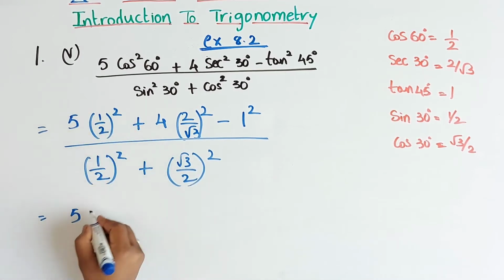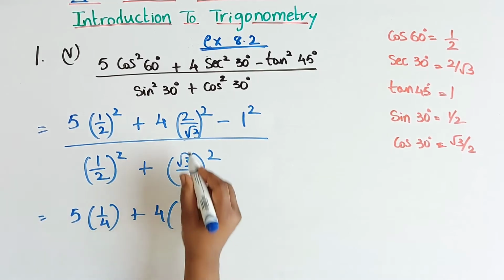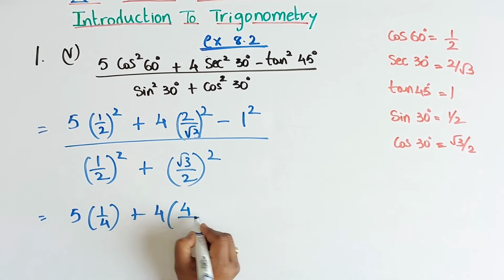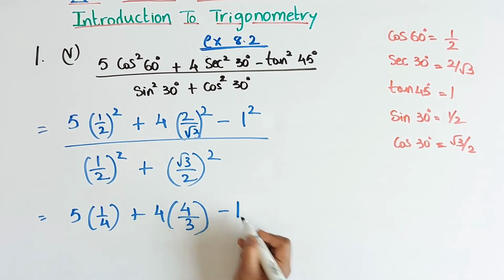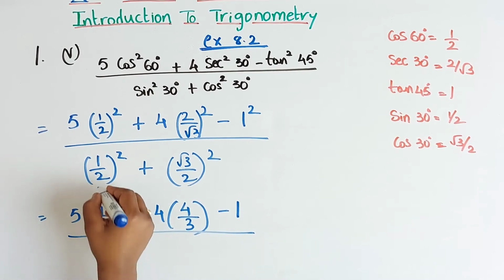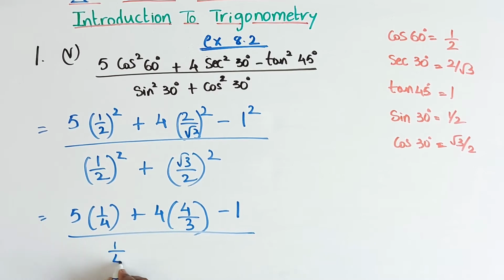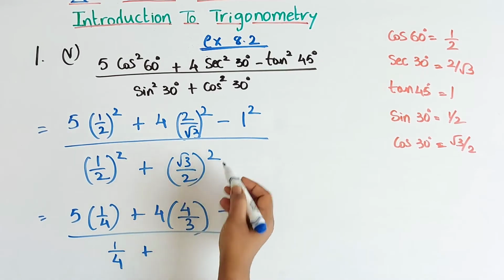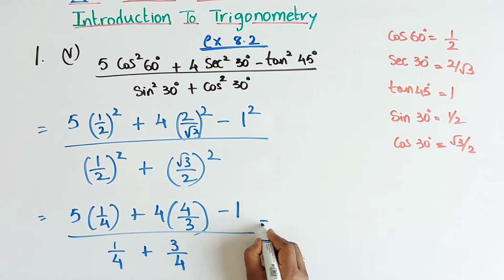5 into 1 by 2 whole square, that is 1 by 4. Plus 4 into 2 square, that means 4 divided by root 3 square, that is 3. Minus 1 square is 1. Divided by, in the denominator now, 1 by 2 whole square. 1 square is 1, 2 square is 4. 1 by 4 it is. Plus root 3 square is 3 divided by 2 square is 4. Clear, children?